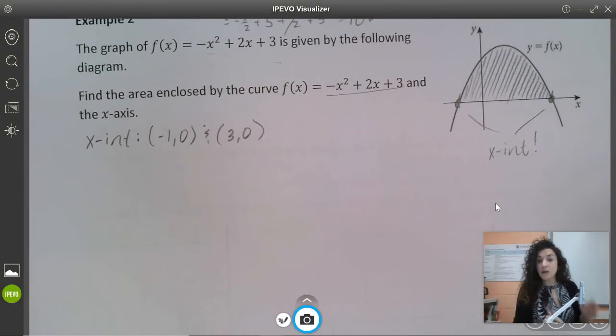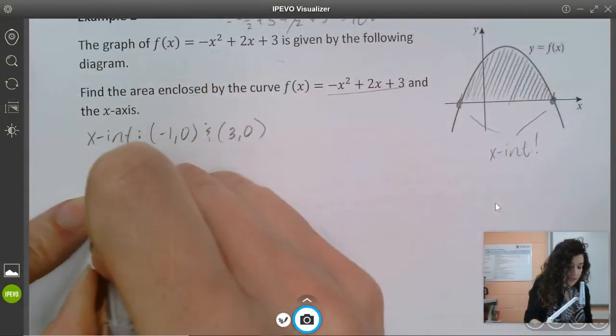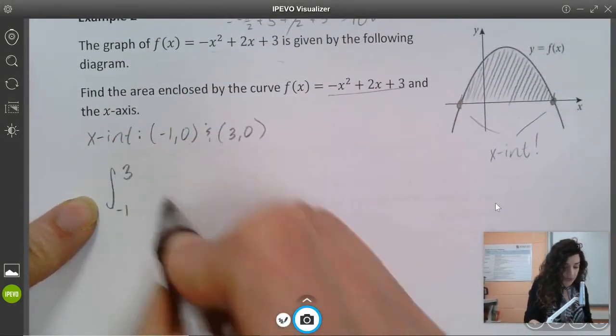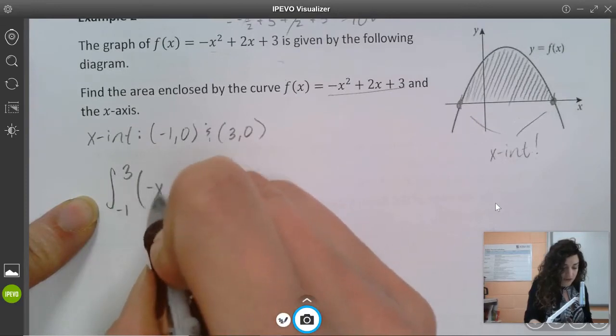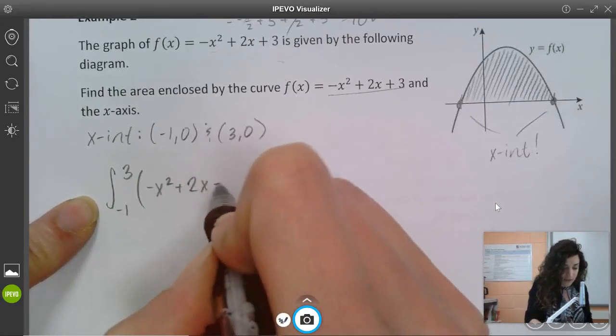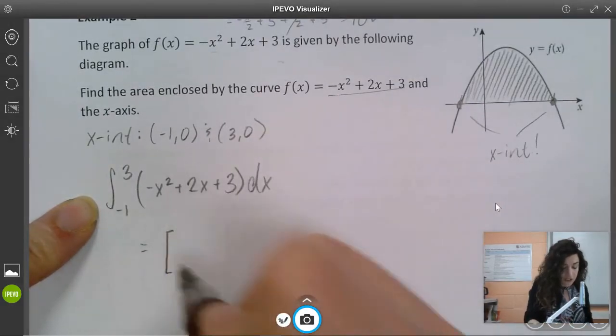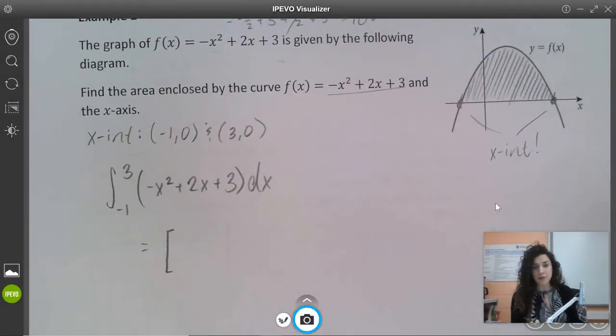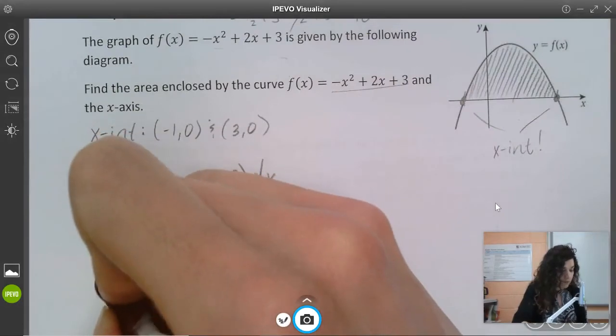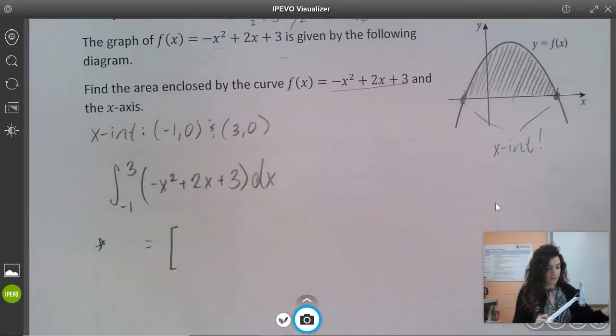All right, so now we know I'm finding the integral between -1 and 3 of the equation negative x squared plus 2x plus 3 dx, which means I first need to find that integral and then evaluate it between those two numbers. Go ahead and find that integral for me.